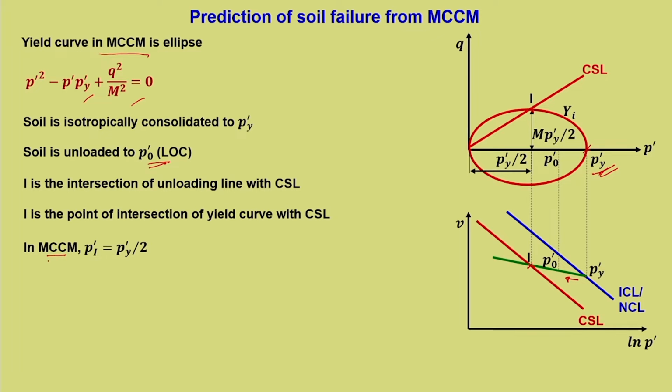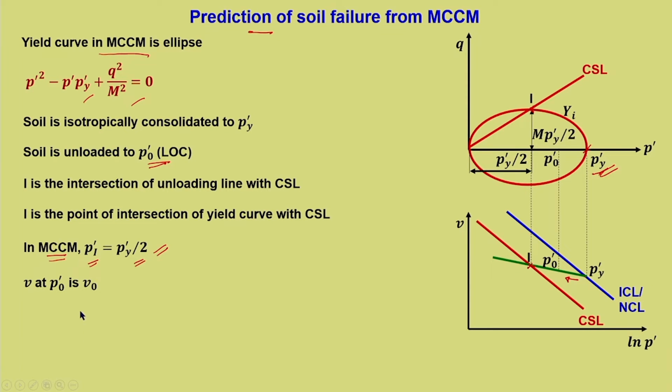So, without knowing MCCM, this lecture will not be good for you to understand. So, what are the properties according to MCCM? We know that p'i is equal to p'y by 2, because this information is needed for formulating the prediction.